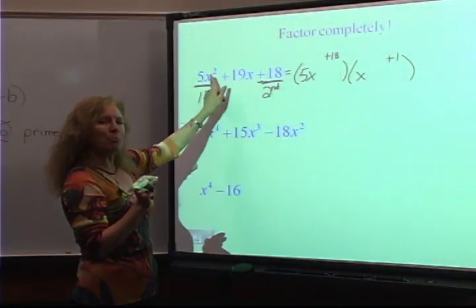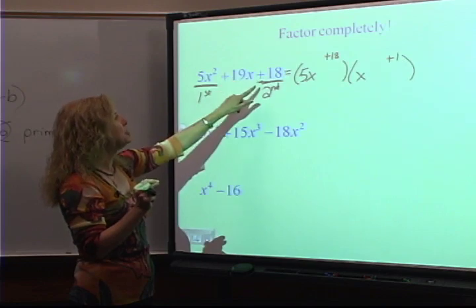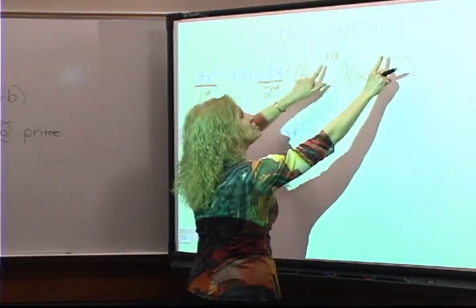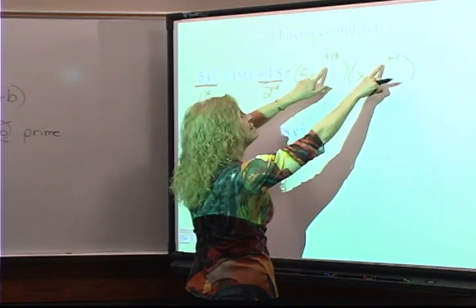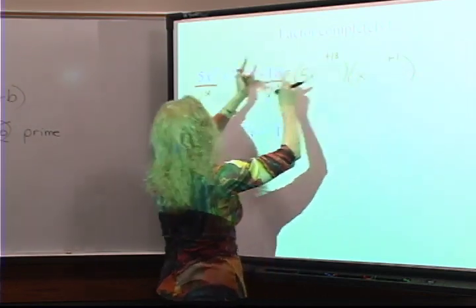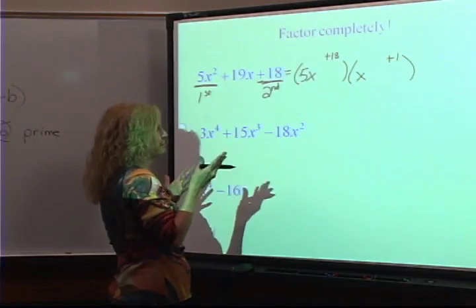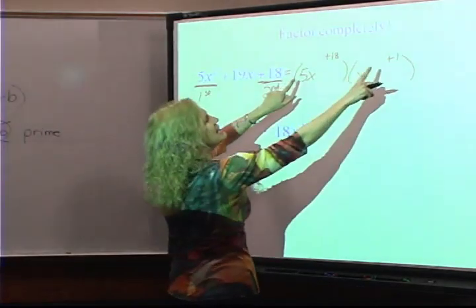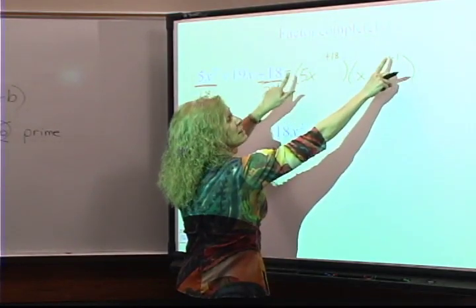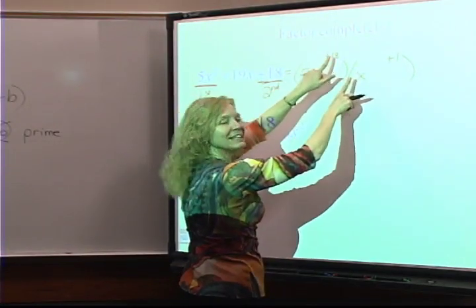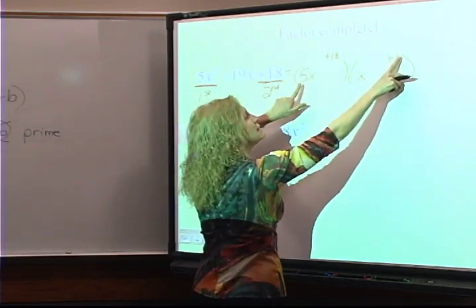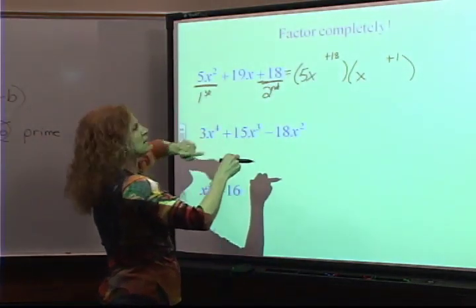The fact that these are both positive tells me that these have to both be positive because they have to multiply to be a positive, and the outers and inners must add to be a positive. Okay. Now, by the way, whatever I set over here gets multiplied by the 5, and whatever I add here gets multiplied by the 18. So that's an 18x and a 5x, so that doesn't work.